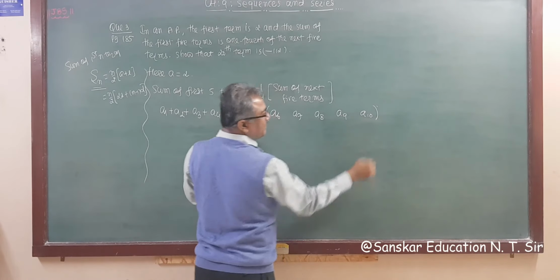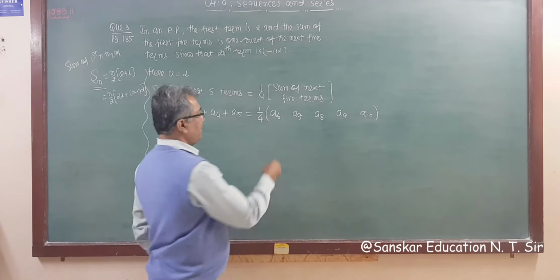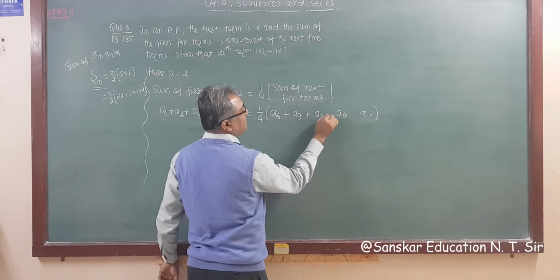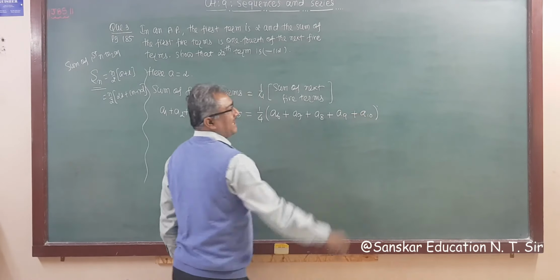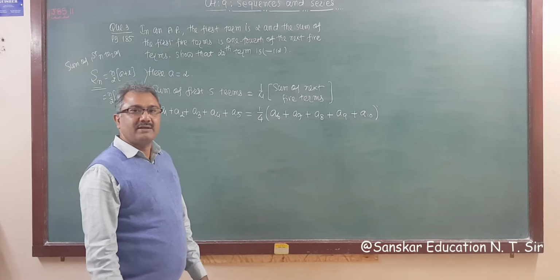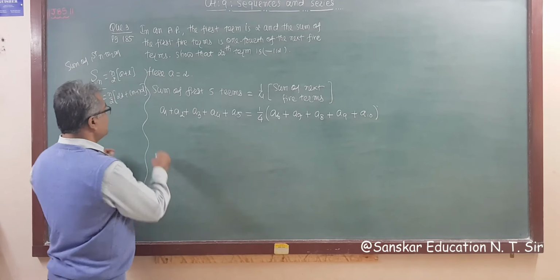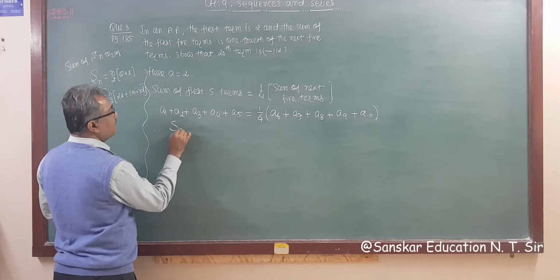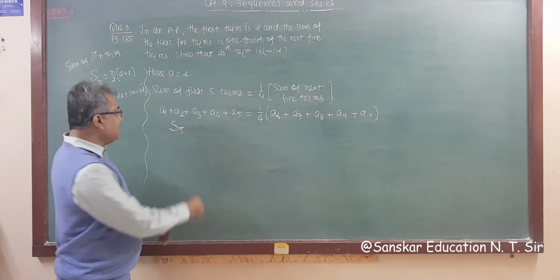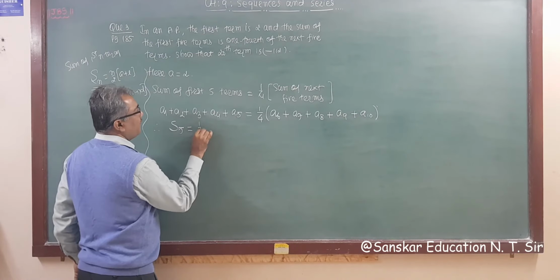The first 5 terms are denoted by S5, which is equal to 1/4.